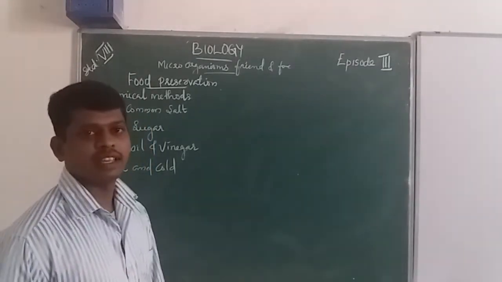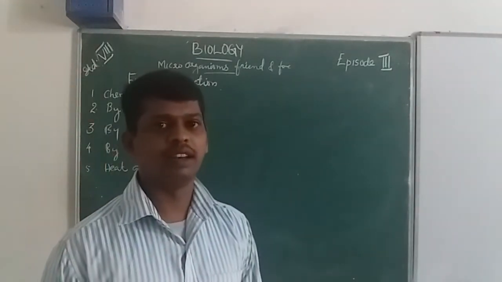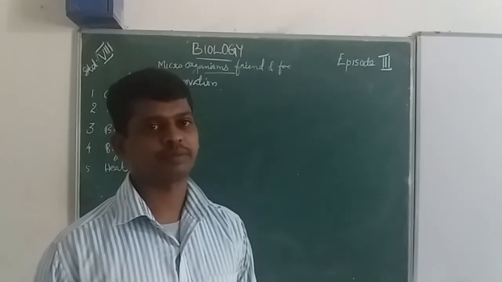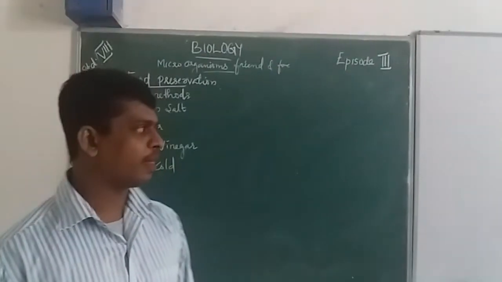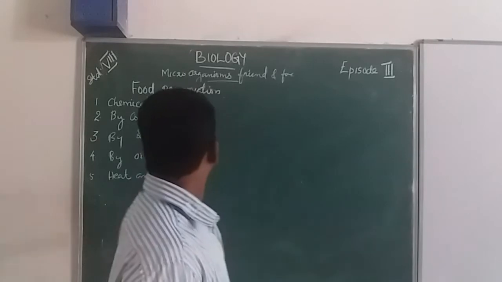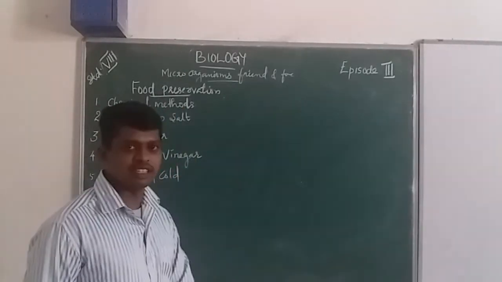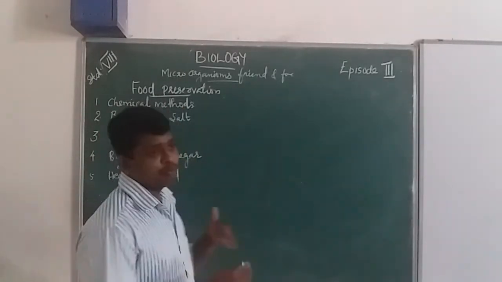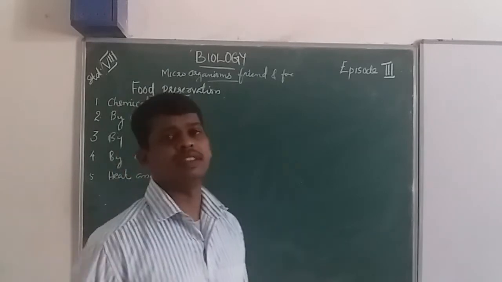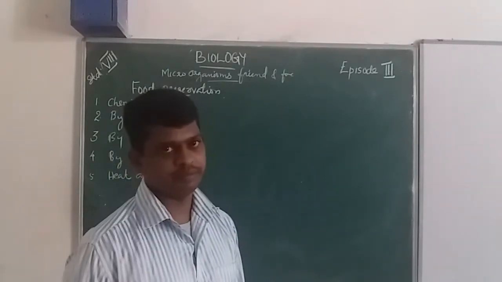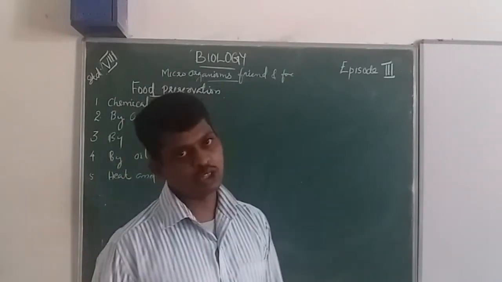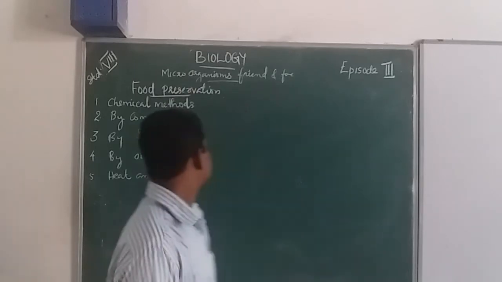The first one is chemical methods. Food is preserved by using some chemicals. These chemicals are known as preservatives.